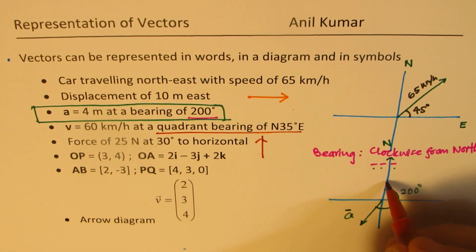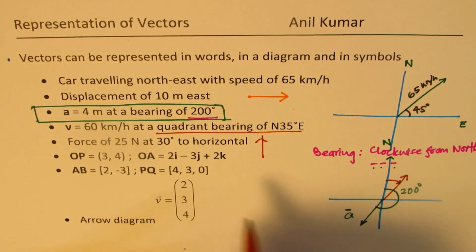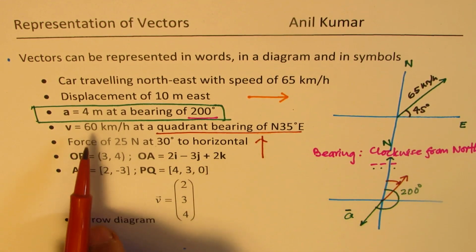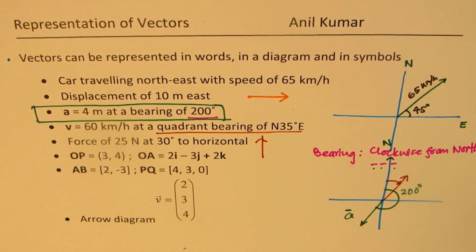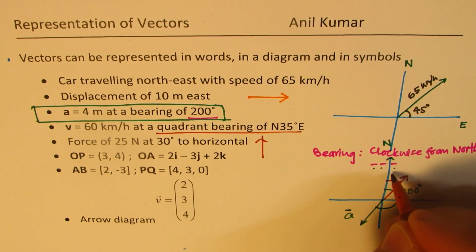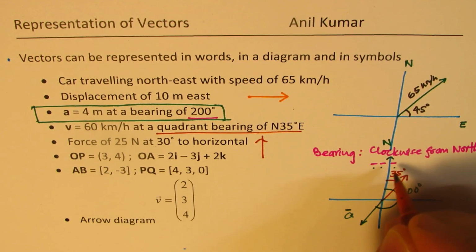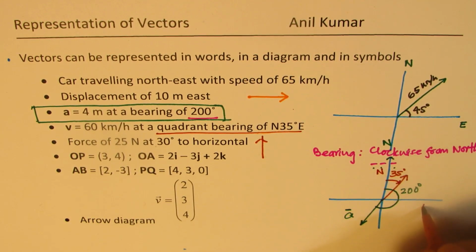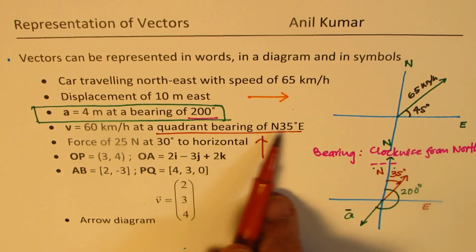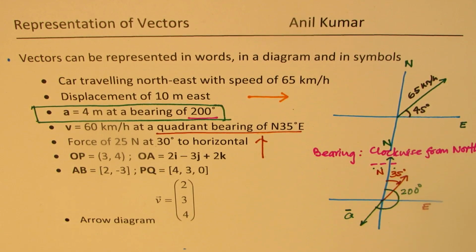That means 35 degrees east from north. So that could be your direction for 60 kilometers per hour. Does it make sense to you, right? So that is 35 degrees from north towards east. So that is how you will show that particular vector, correct?